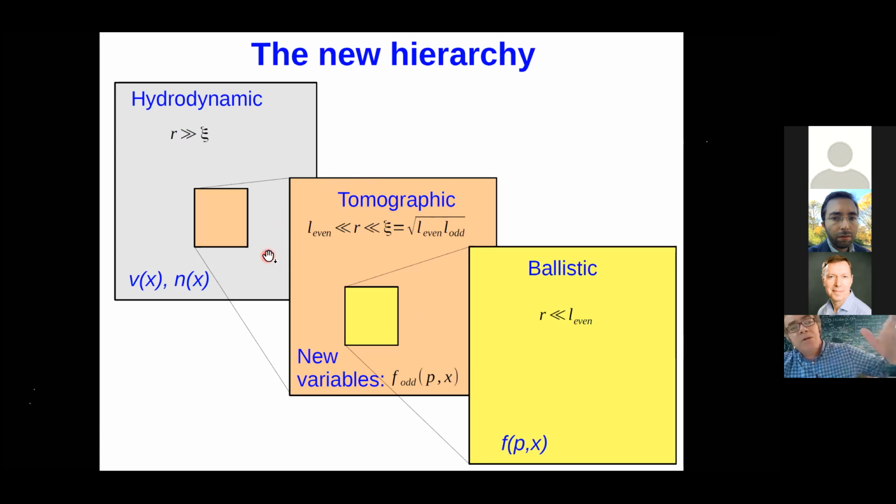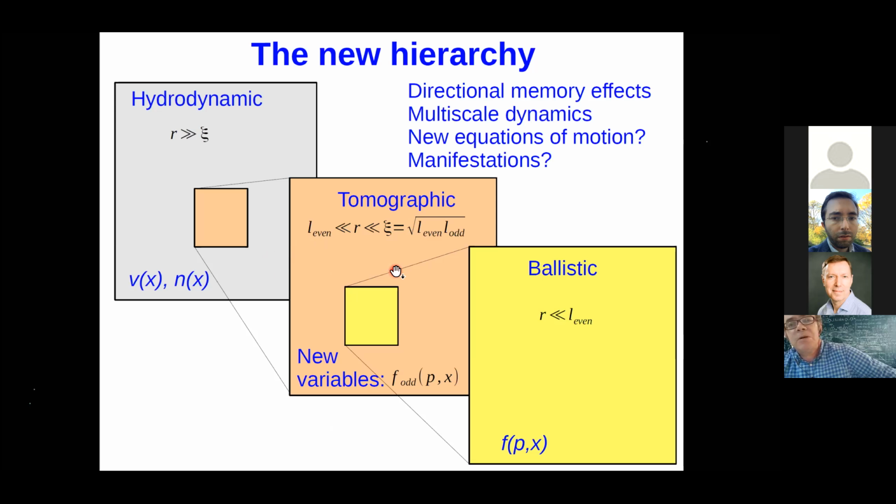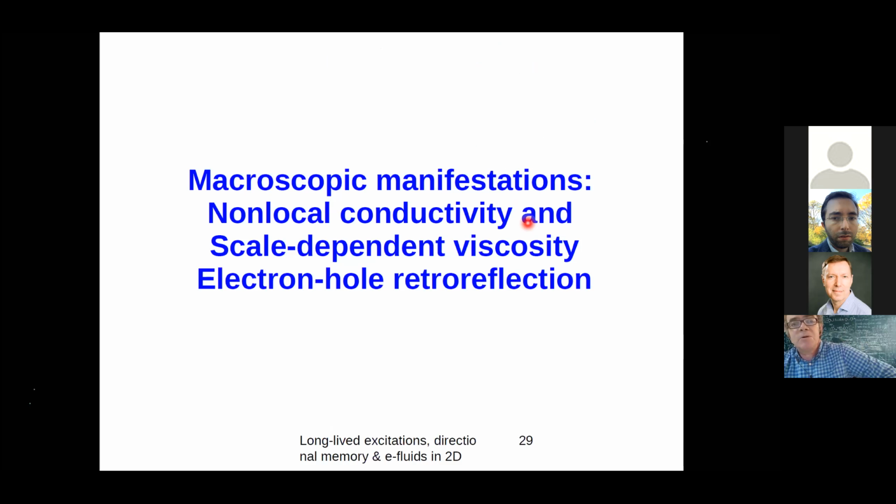And then at much longer time scales, greater than the Landau time scale, essentially, the system will transition to the normal hydrodynamic fluid described by Navier-Stokes. And so the interesting questions here are to understand these directional memory effects, and to understand the role of different scales, and what are the new equations of motion, and what are the manifestations, and so forth. So let me talk about some of that.